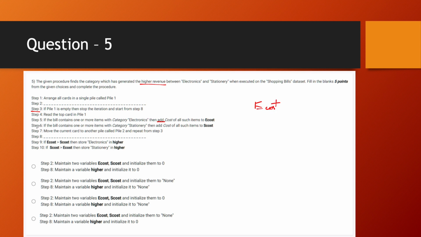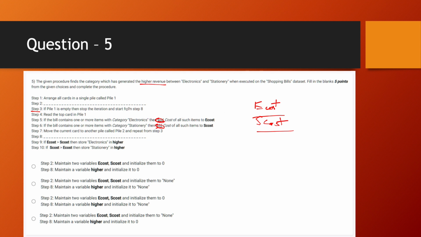And subsequently we see that step 6 is that if the bill contains one or more items with category stationery, then again add the cost of all such items to S cost, which means that E cost and S cost are both integers. How do we know that? Because we're adding some sort of numbers into these variables. So we're incrementing the value by a certain value, such as the total cost of all the electronics and stationery items.